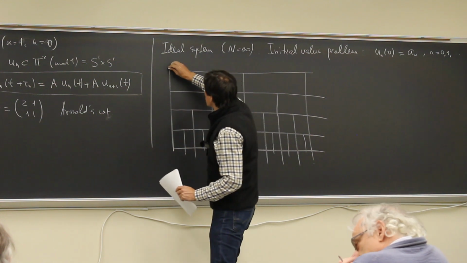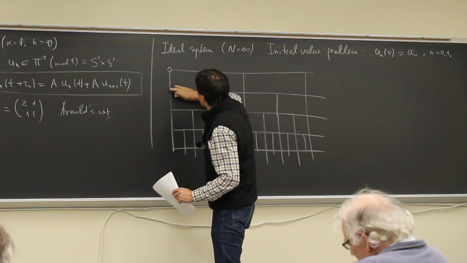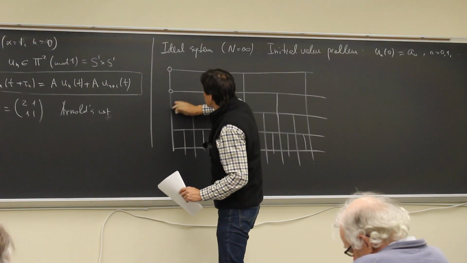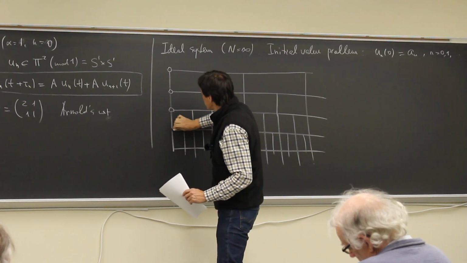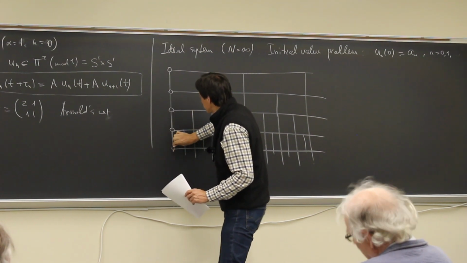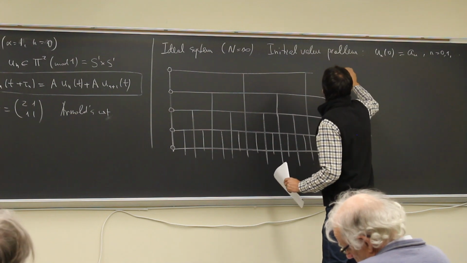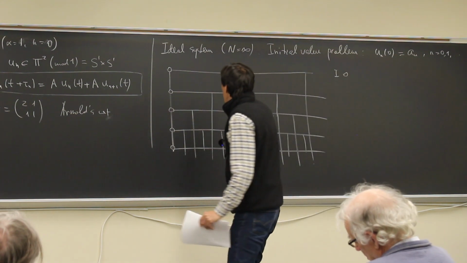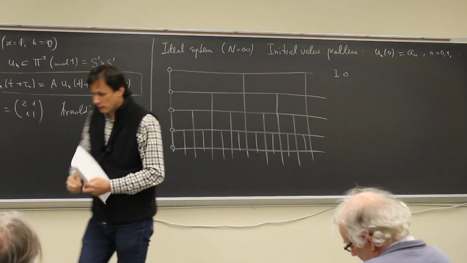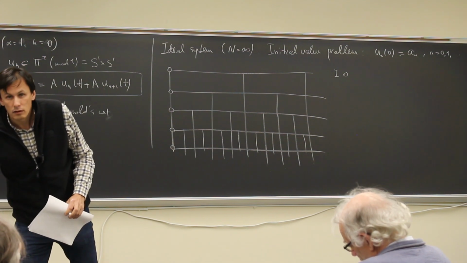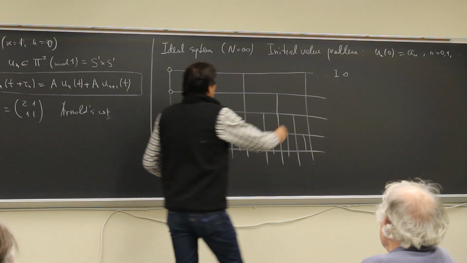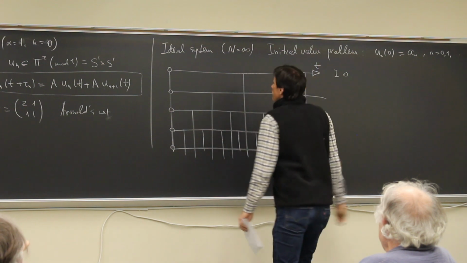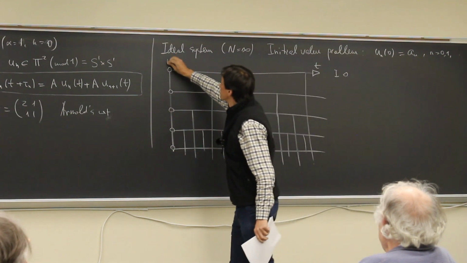So these are initial conditions. These nodes we know. Then automatically, time goes to the right. This is time 0.